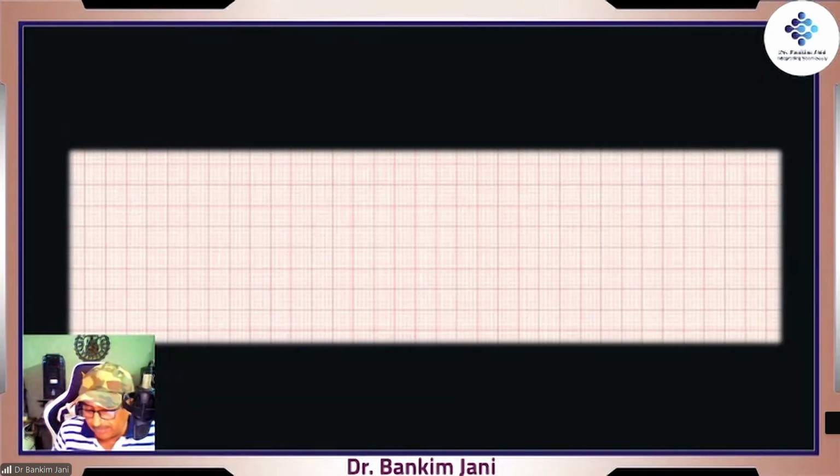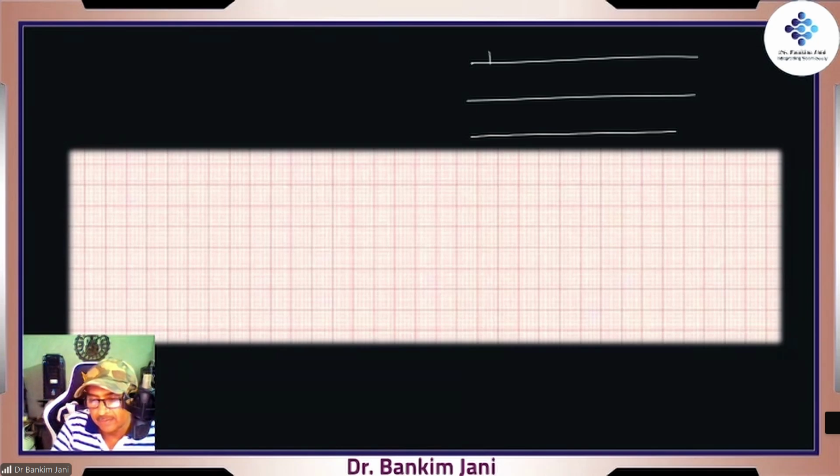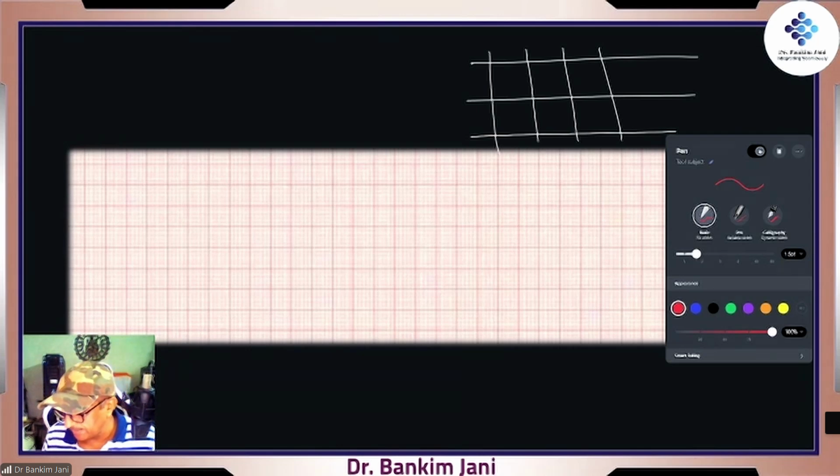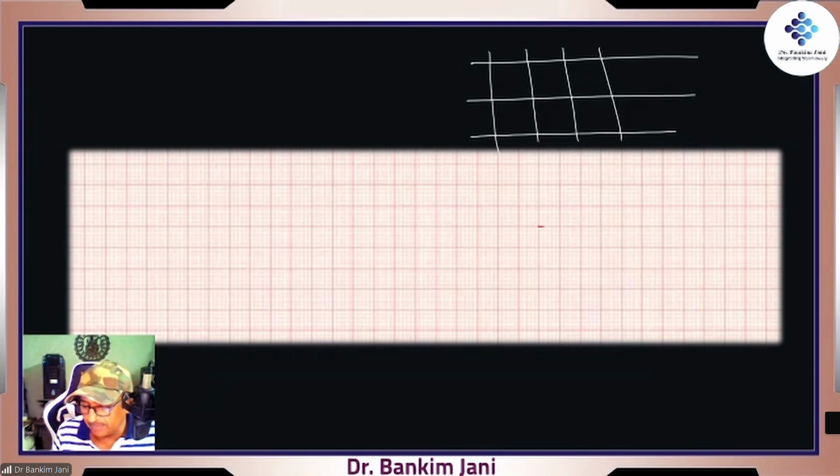That's why I said, can you really see this thing? See, the whole ECG paper is divided into big boxes. You can see that box over here. See this big box.